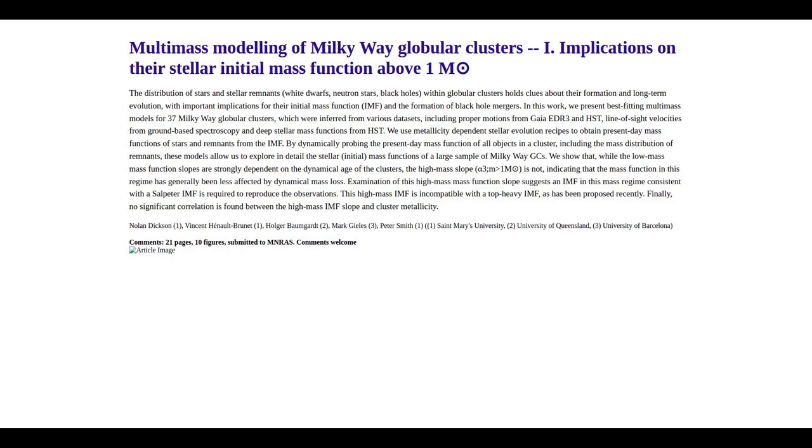We use metallicity-dependent stellar evolution recipes to obtain present-day mass functions of stars and remnants from the IMF. By dynamically probing the present-day mass function of all objects in a cluster, including the mass distribution of remnants, these models allow us to explore in detail the stellar mass functions of a large sample of Milky Way GCs.